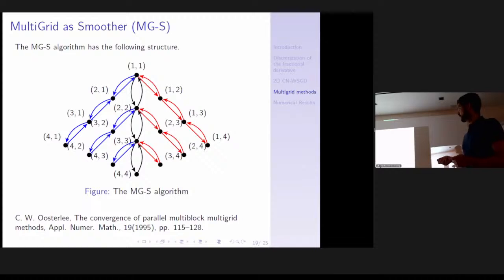So we found in literature this algorithm, which is a non-standard multigrid of Oosterlee in 1995, and consists in a central W cycle in black, where the pre-smoother, the smoother done before the coarse-grid correction, is a semi-coarsening along one direction, and the post-smoother in red is another semi-coarsening in another direction.